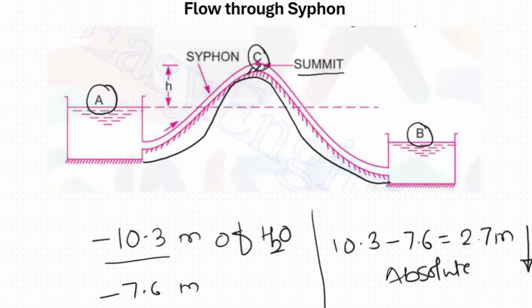And this way the flow of the water will be obstructed. So there will not be flow of water. So that's why this condition should be taken into consideration while designing this siphon.